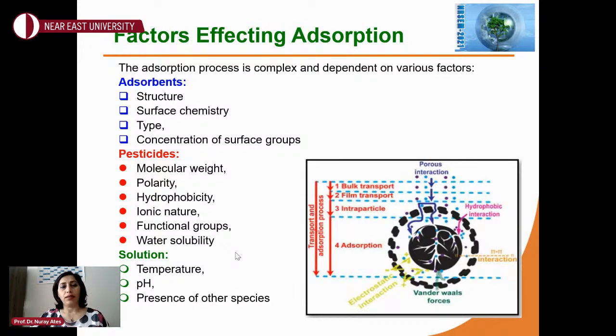For example, the pesticide characterization, such as molecular weight, polarity, hydrophobicity, the functional groups on it, and its water solubility is important, and the adsorbent characteristics are also important, for example, structure, surface chemistry, and concentration of surface groups on it.